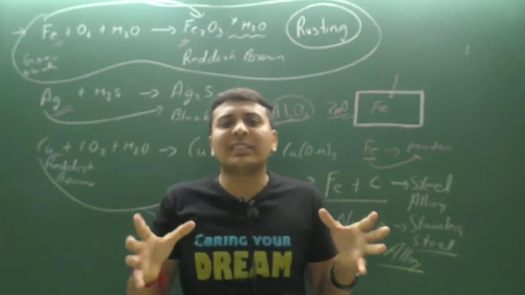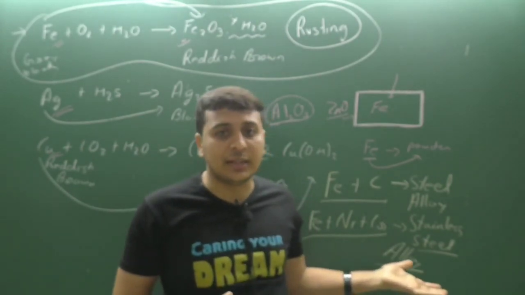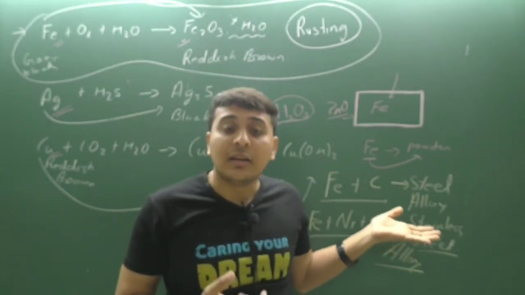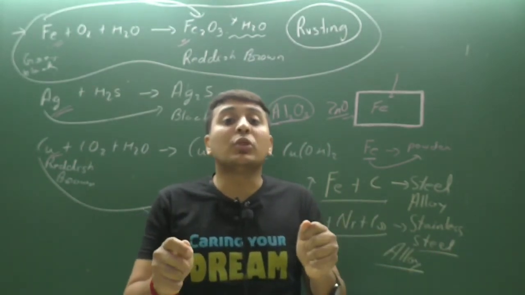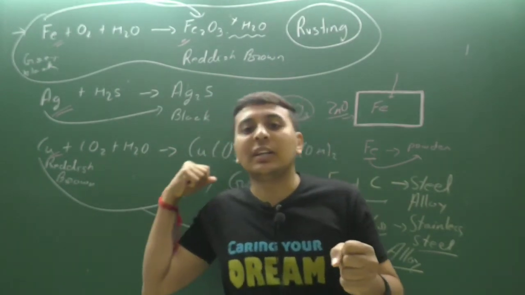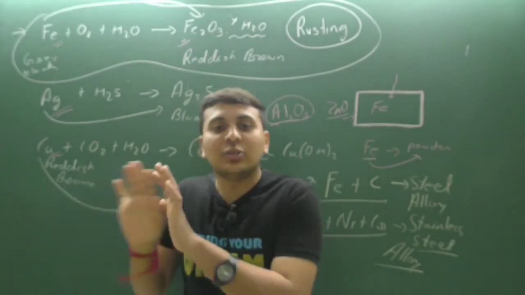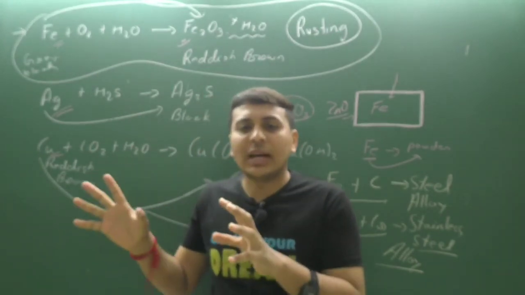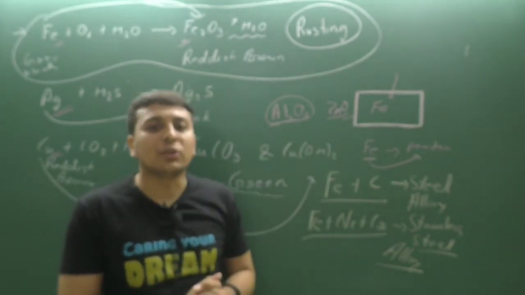But in most of the places, for example, vessels in the kitchen, vessels can be made of this steel or stainless steel. Clear? Why stainless steel? Because we do not need too much hardness in the vessels. We don't need to fight a war. We don't need to hit anyone with a vessel. So it shouldn't be hard. So it's somewhat hard as well as it is prevented from rusting. So we can form an alloy.